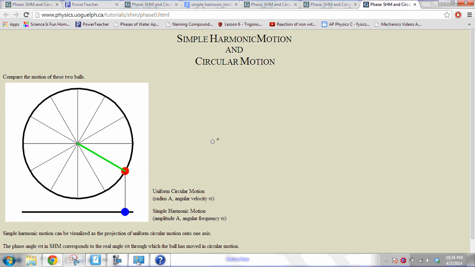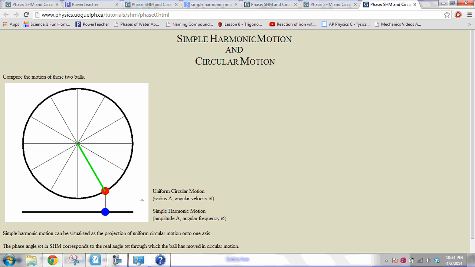So look at this quick little applet here. We have a ball going just around and around in a circle over and over and over again. Hey, that's moving in two dimensions. Well, simple harmonic motion is typically just looked at as one-dimensional circular motion. So you see this ball going just side to side, side to side.